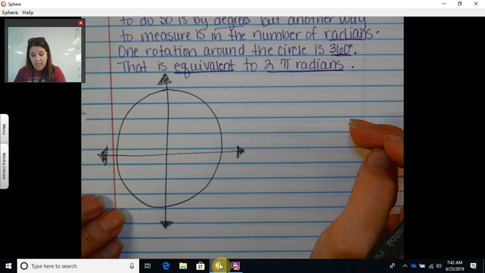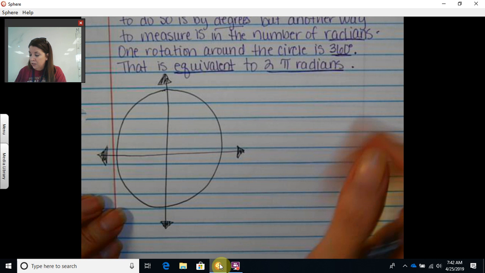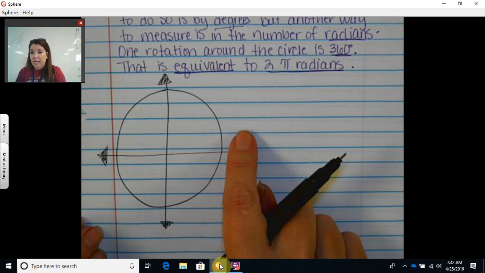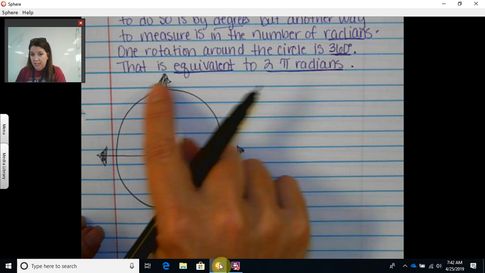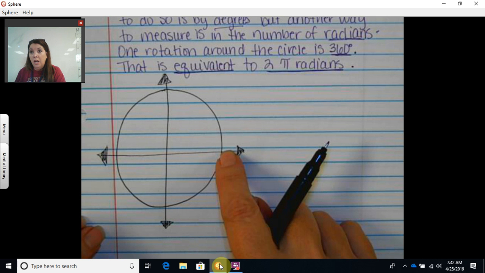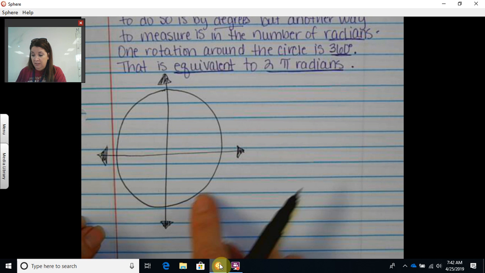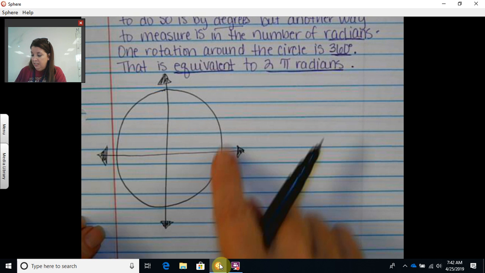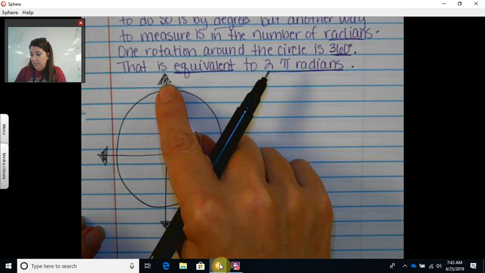And remember, if you're going counterclockwise, are your degrees positive or negative? Positive. And if you're going clockwise, your degrees are negative, right? So if we're going counterclockwise, this would be at 90 degrees, 180 degrees, 270 degrees, a full 360. But if we're going clockwise, it's negative 90, negative 180, negative 270, negative 360, right?